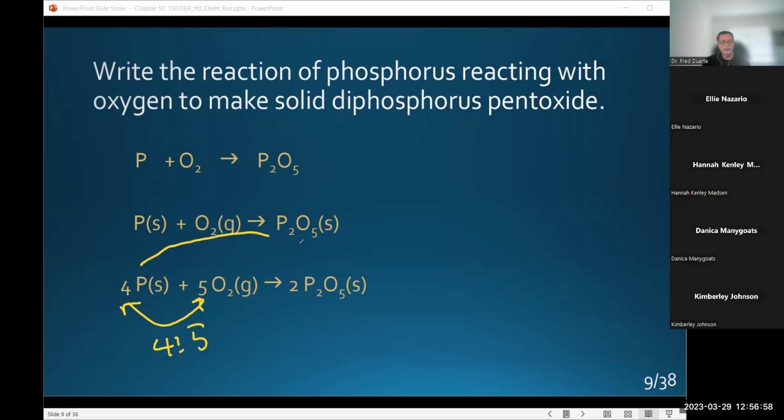Between phosphorus and the product, that is a 4 to 2 ratio, or a 2 to 1, but keep it in the numbers as given. And in between oxygen and the product, it is a 5 to 2 ratio. Okay, so those are the ratios that we may need depending on the questions asked about that particular reaction.